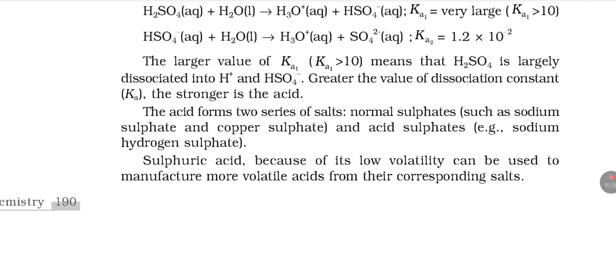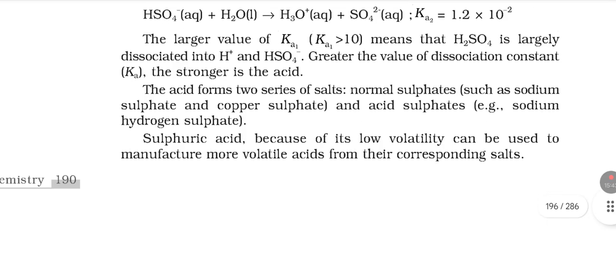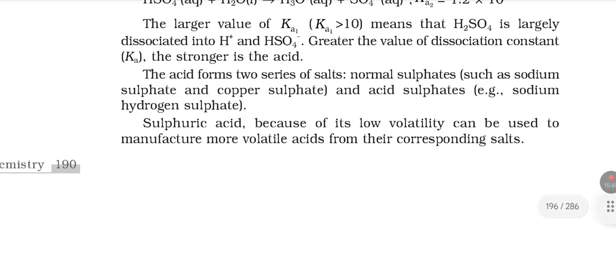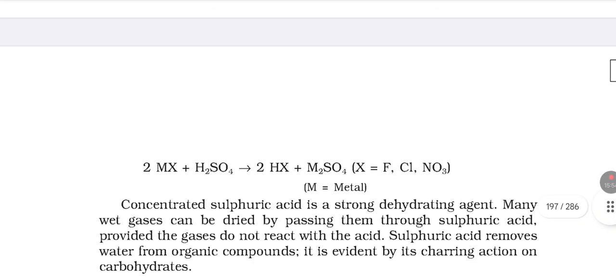Greater the value of dissociation constant Ka, the stronger is the acid. The acid forms two series of salts, normal sulfates and acid sulfates. Sulfuric acid, because of its low volatility, can be used to manufacture more volatile acids from their corresponding salts.